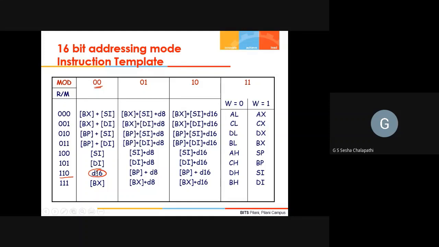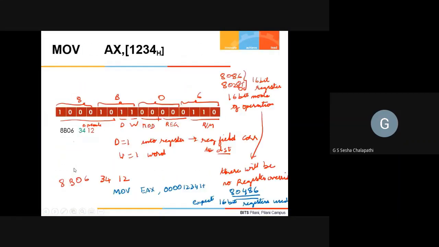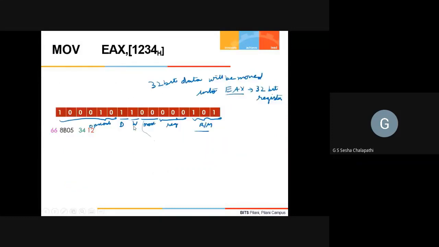Then the mod and R/M field will be 00110. I think there should be a correction here: this should be 110. So in that case, your data will be 8B06.